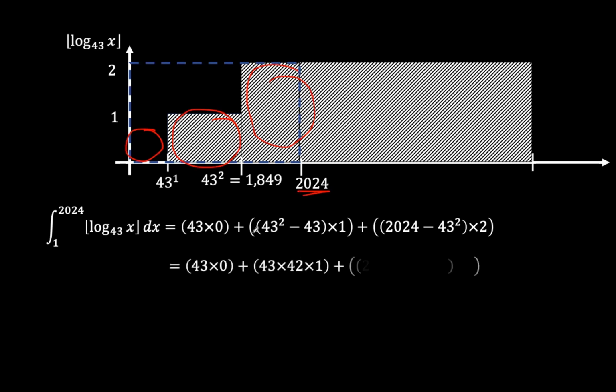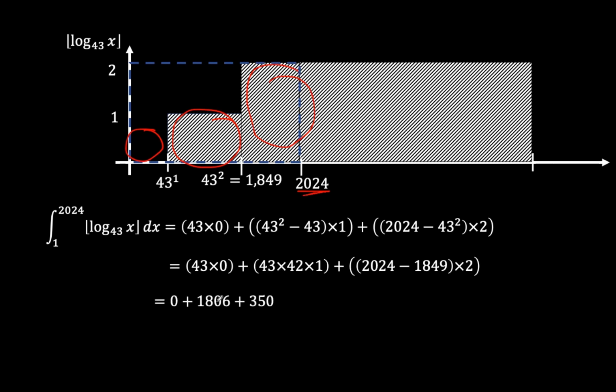So you can pull out 43, and in the bracket we are still left with 43 minus 1, which is 42. So we have 43 times 42 times 1. And here 43 to the power 2 is the same as 1,849. So 2024 minus 1,849, obviously times 2.